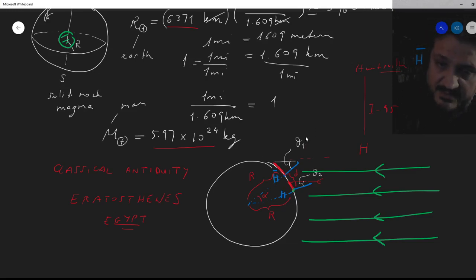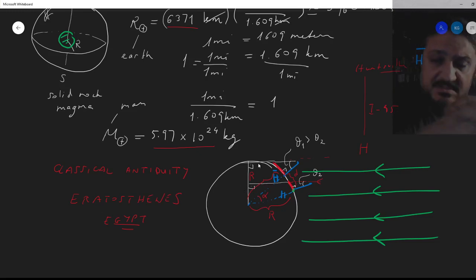Of course theta 1 is a little larger than theta 2, and if you extend this line here, by the way, this is a 90 degree angle over here. That's also a 90 degree angle. But you can think of another triangle, a larger triangle with the right angle right here. And there's also this triangle, right? And then there's that triangle.